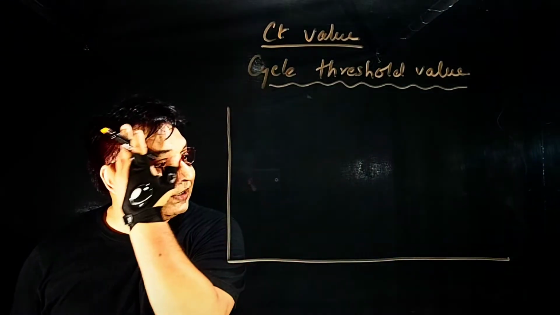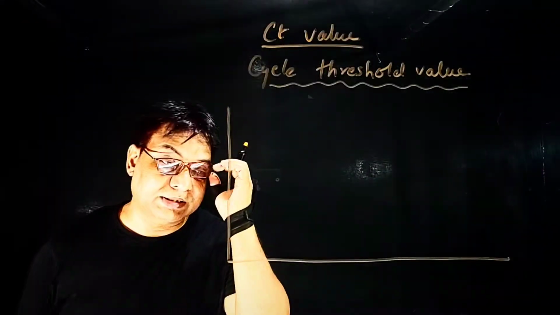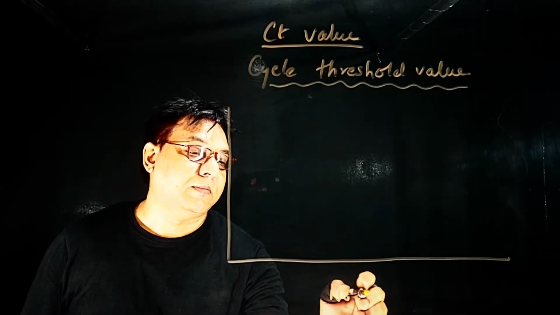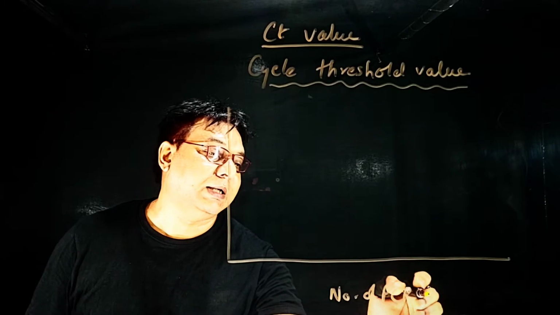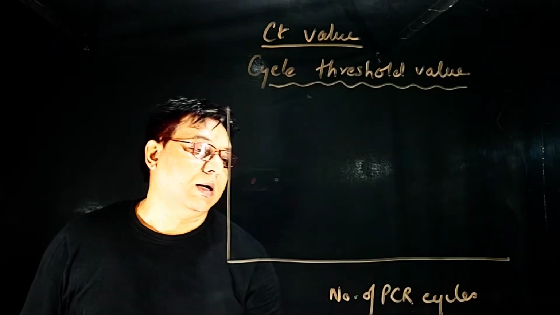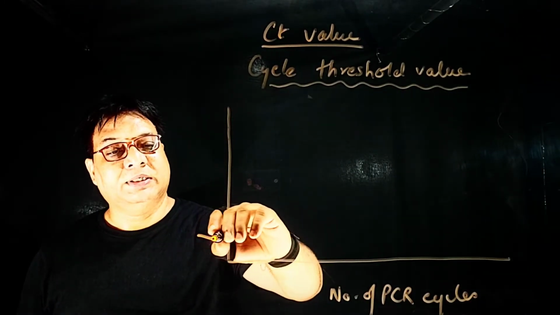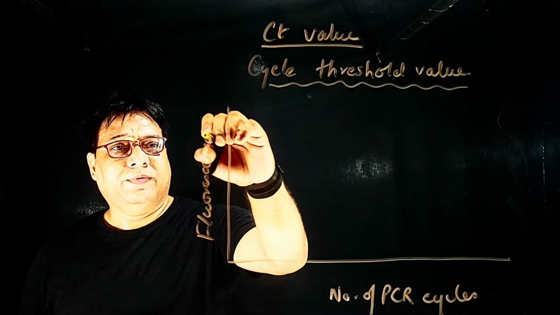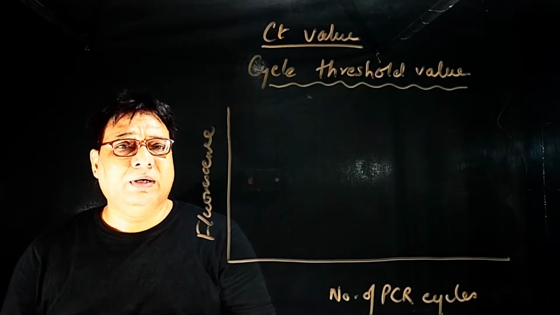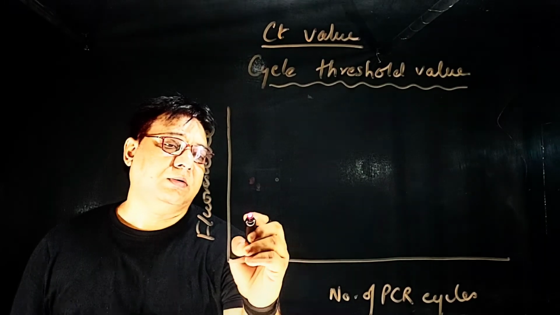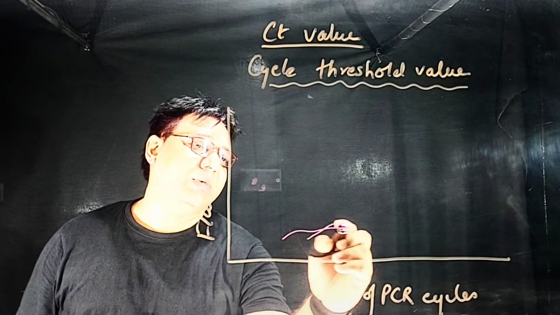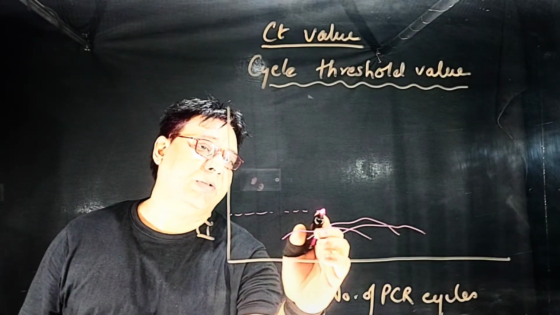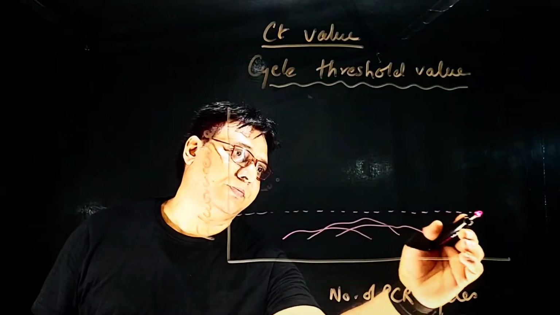Say this is an XY graph. The x-axis is the number of PCR cycles, and the y-axis is fluorescence. You are measuring the fluorescence. So there is a background level of fluorescence like this. You are getting a background emission of fluorescence, and the background base level is, say, this one.